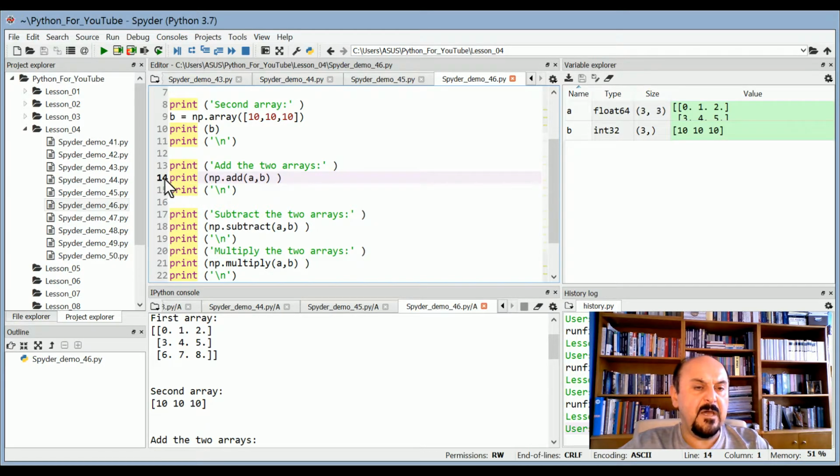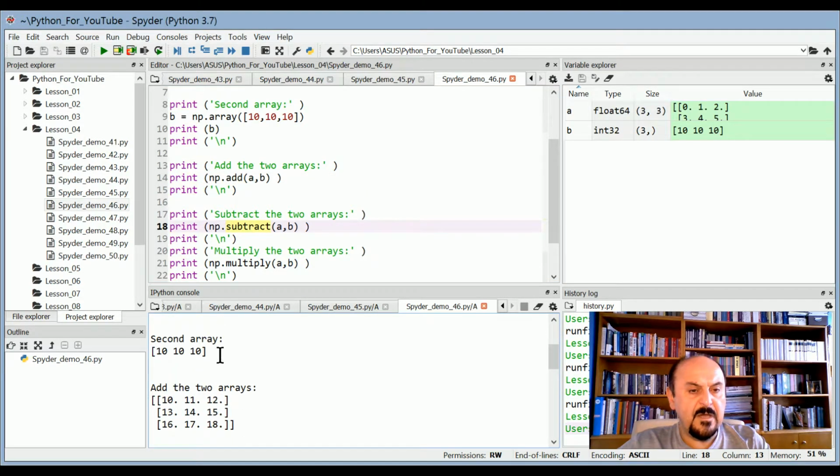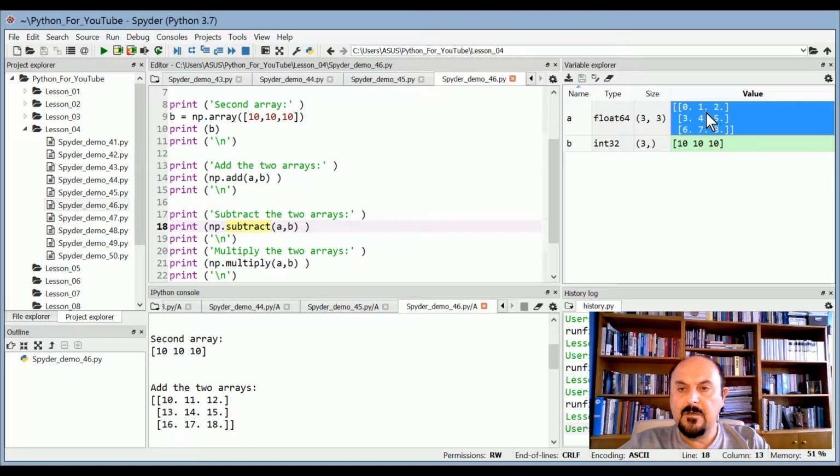For example, add A and B could be, and after that you could print out that variable. And here this is added. As you see, this is our first array. After adding it becomes 10, 11, 12, and 13, 14, 15, and 16, 17, 18.